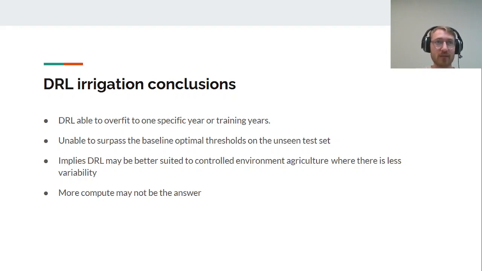If a company were to develop this kind of system and sell it to farmers, they would have to spend thousands of dollars retraining the agent for the new environment each time a new customer came through. So it may not always be the answer to train for longer and throw more computational power at it.